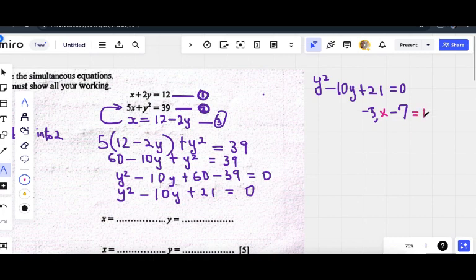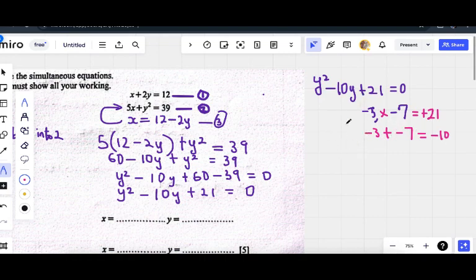And if I add them, I will get negative 10, because the rule is that you add them and you should get negative 10. So negative 3 and negative 7 can be used as our factors. That's the point I'm trying to make.